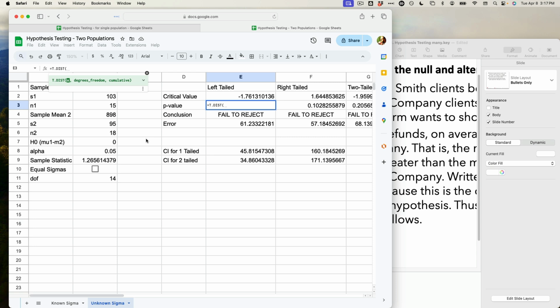So for my t-value, I need to give it my sample statistic. Remember, the p-value is the area to the left or right of your t statistic, okay? Of your sample statistic. And degrees of freedom, we have that already, and this is going to be cumulative. Okay? So that gives me my p-value for a left-tailed test.